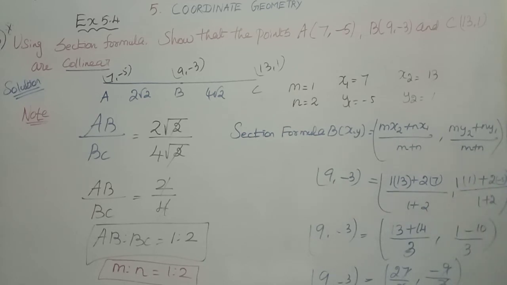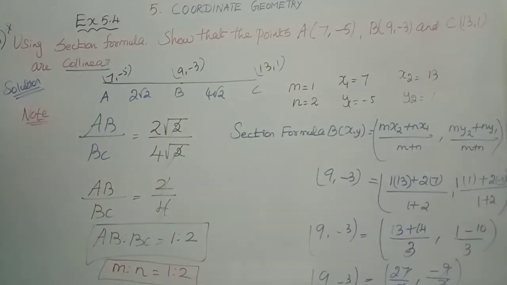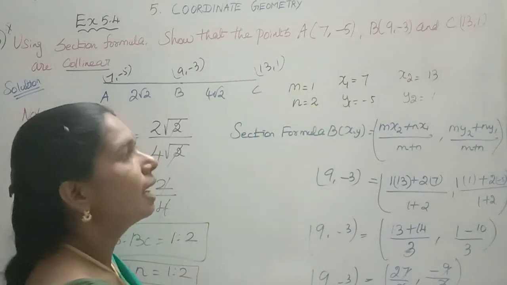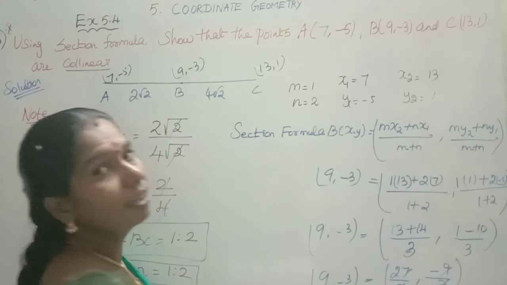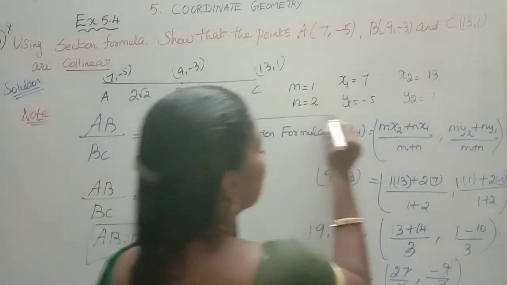Therefore we can say that the given points are collinear. How are the given points collinear? First we found the AB distance and we found the BC distance. Then we took the ratio of that and from the ratio we got the m value and n value, and we used the section formula and checked whether we again get B of x comma y or not.